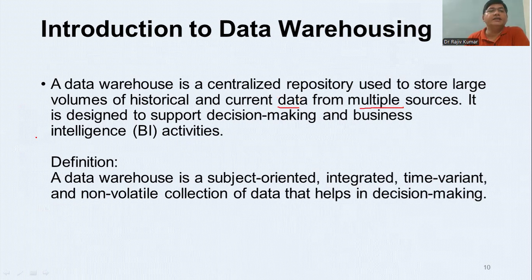It is designed to support decision making and business intelligence activities. Let us see a proper definition of data warehouse. A data warehouse is a subject-oriented, integrated, time-variant, and non-volatile collection of data that helps in decision making.